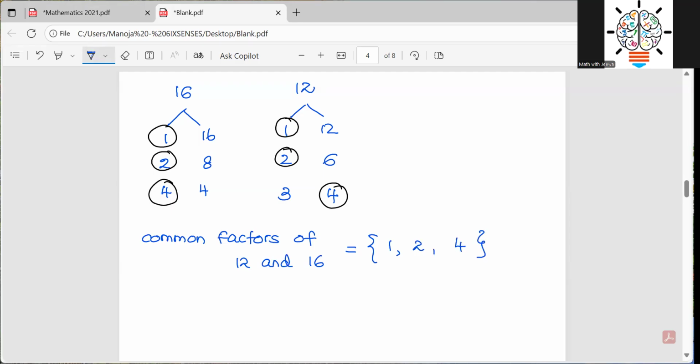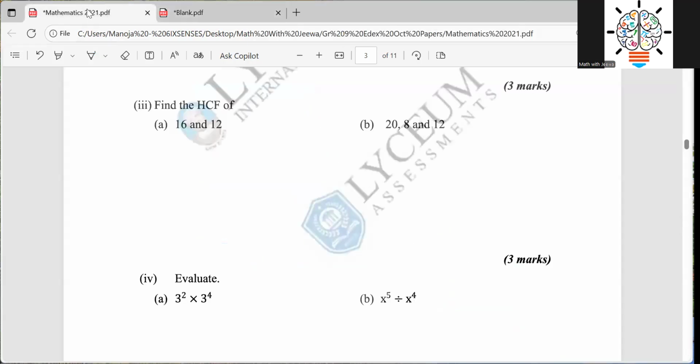Those are the common factors. Out of these common factors, I highlight this as the highest common factor, right? The highest common factor. So we identify the common factors, and out of that, what is the highest common factor?